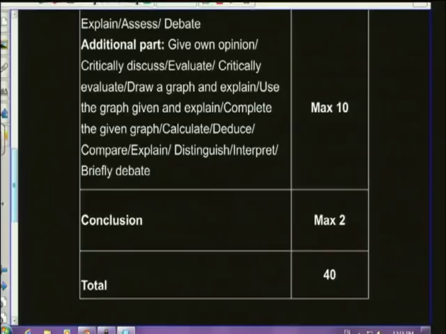In the additional part, it says give your own opinion, critically discuss, critically evaluate, draw a graph and explain, use the graph given and explain, complete the given graph, calculate, deduce, compare, explain, distinguish, or interpret, or briefly debate. That is usually an extension to the main part.